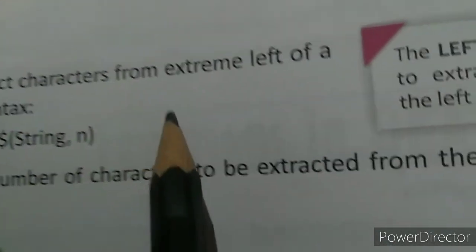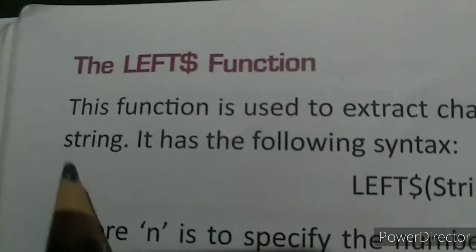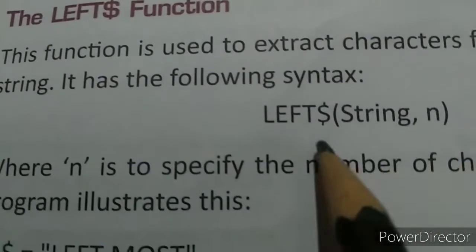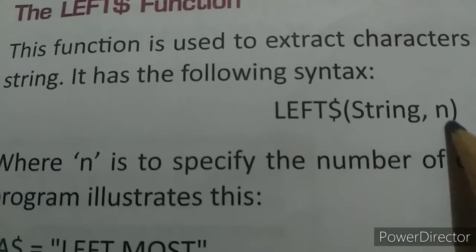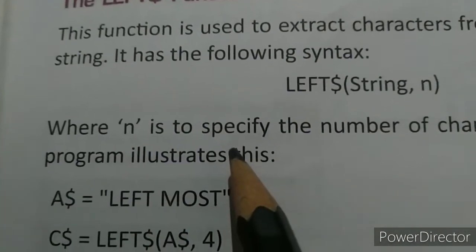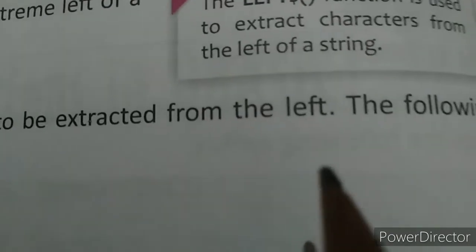This function is used to extract characters from the extreme left of a string. It has the following syntax: left($string, n), where n is the number of characters to be extracted from the left.